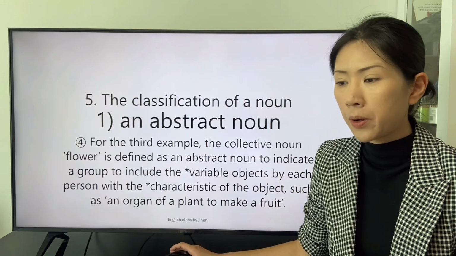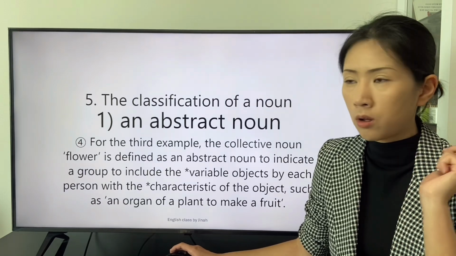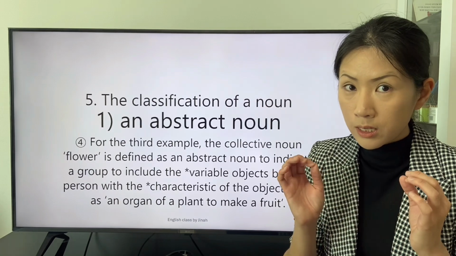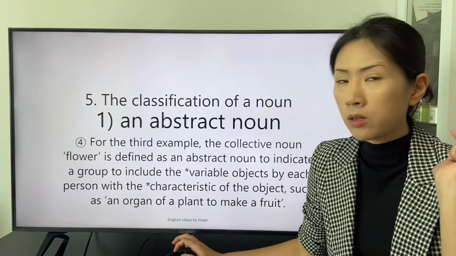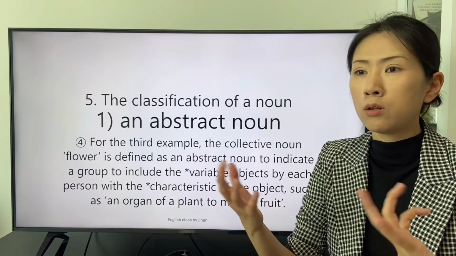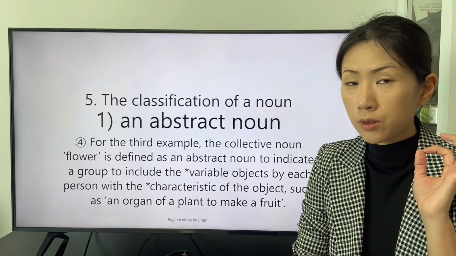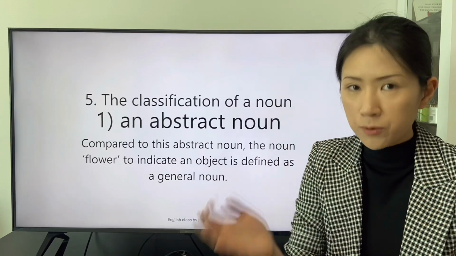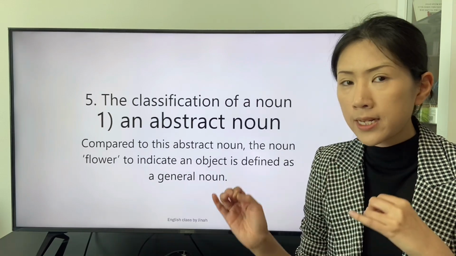Like a person can define flower with a rose or lily, and the other person can define the noun flower with a rose, a lily, and a dandelion. Each definition on the noun flower is accepted, but the same noun flower to indicate an object which is visible is not defined as an abstract noun.